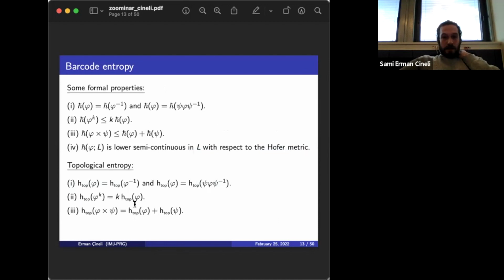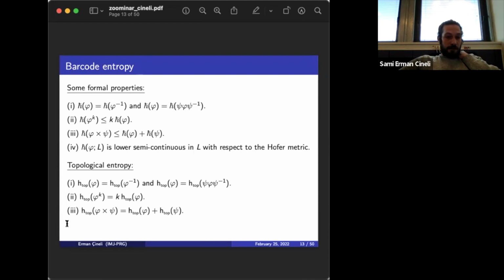Okay. Now some formal properties. I compare them here with topological entropy. So barcode entropy is invariant under conjugation, and also phi and phi inverse have the same barcode entropy. This is just because B epsilon have this property, and we have the same thing for topological entropy.